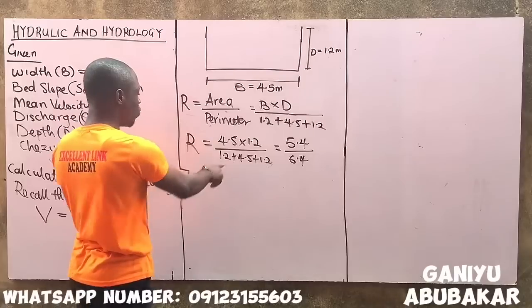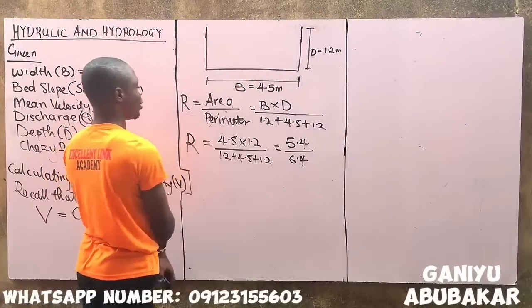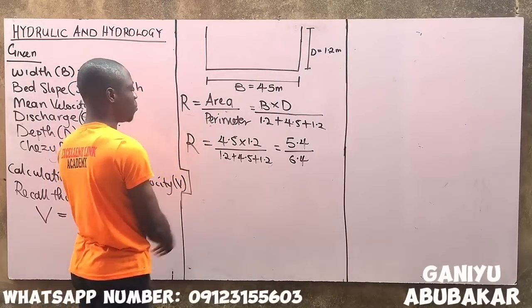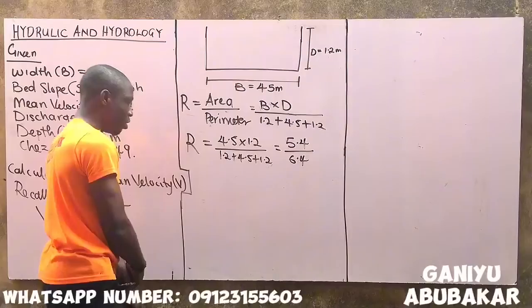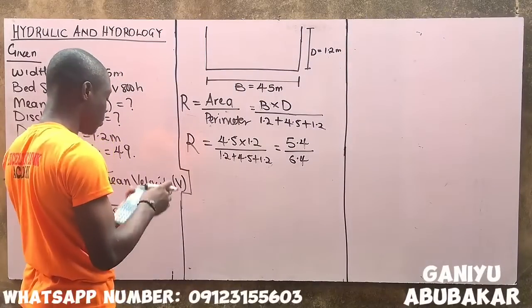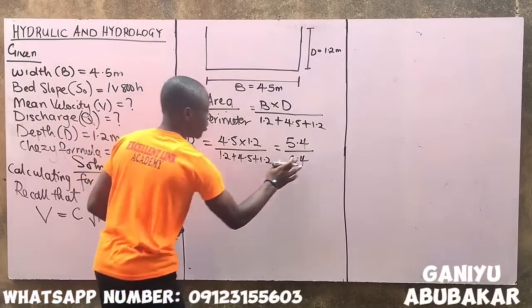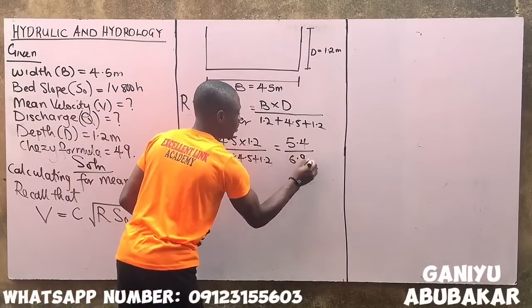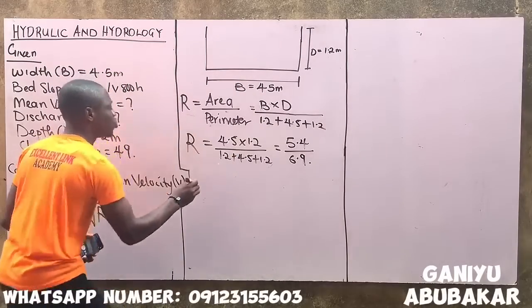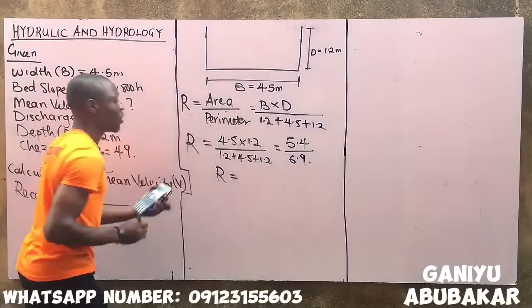Am I correct? 1.2 plus 1.2, that's 2.4. 2.4 plus 4.5, that's 6.9. Sorry, 6.9. Divide these two to get your R, hydraulic radius.